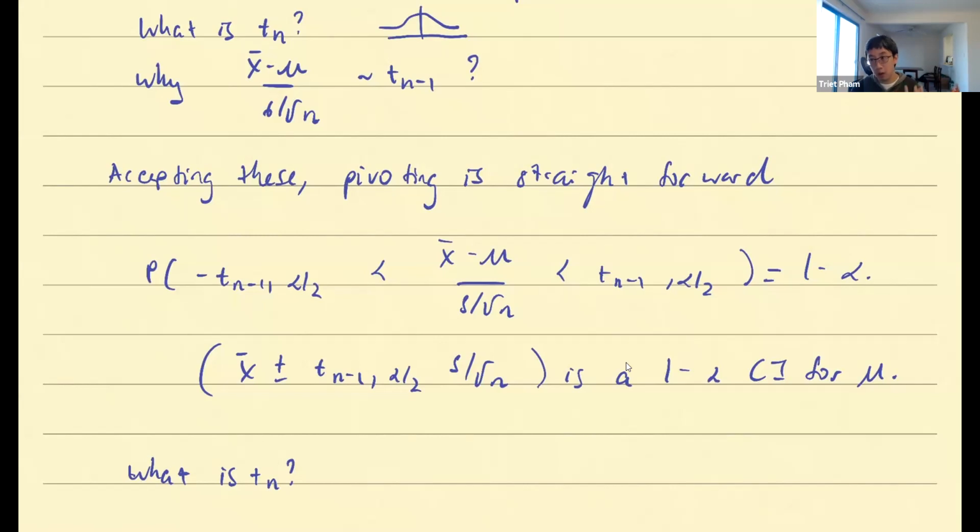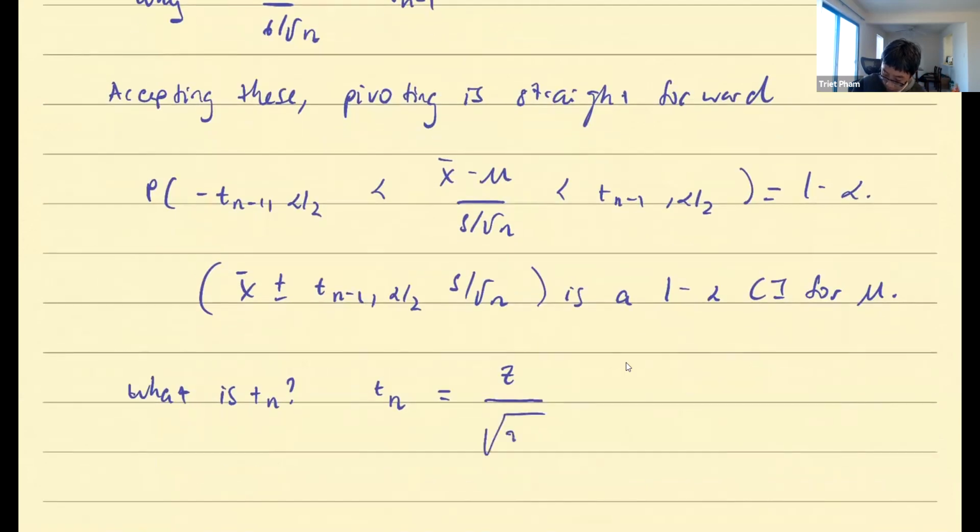We will still need to know its density a little bit to know its properties. But the working definition almost always does not rely on density. It relies on a distributional definition. In other words, T n will be a standard normal divided by the square root of chi-square n over n, where these are independent. This is the working definition. So if you have two independent variables, a standard normal and a chi-square n, you form this ratio. That's the T. This is in the same flavor.